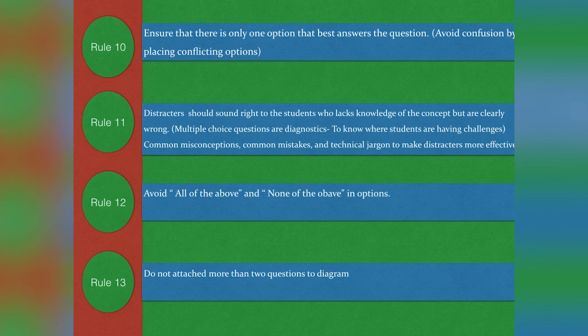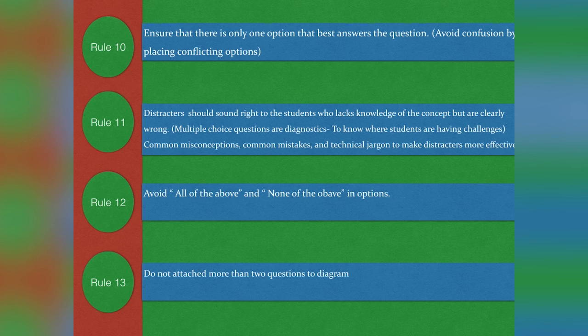Rule number 10 is that for the question that you are supposed to set up, ensure that there is only one option that best answers the question. So meaning that, if you see the same question, the same answer, the same option answering the same question, maybe by omission it is duplicated, call their attention to it.